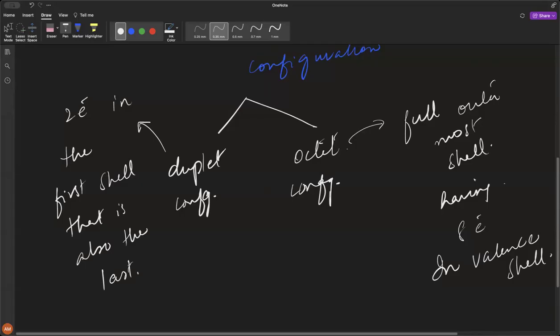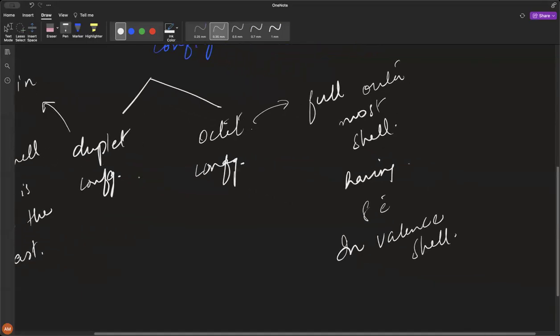The first shell, which is also the last one, is the only shell. If it is the first and the only shell, they need to have 2 electrons in it. And if it is the last shell, any shell apart from the first, they need to have 8 electrons in order to achieve stability.